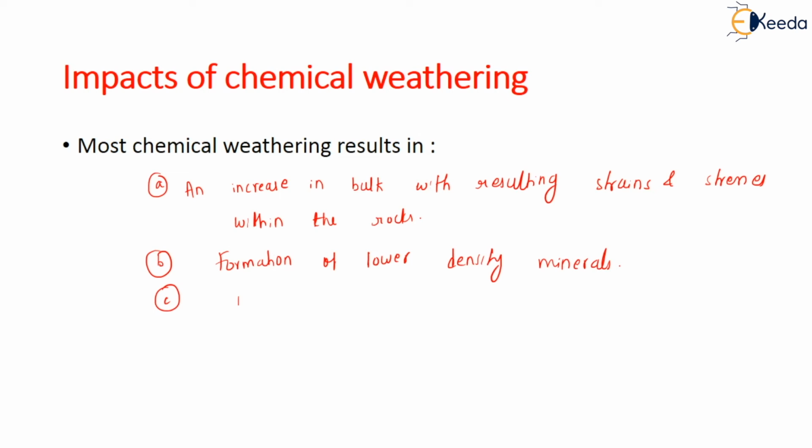There will be a reduction in particle size because there will be disintegration of the chemical composition. Also there will be an increase in surface area of masses.